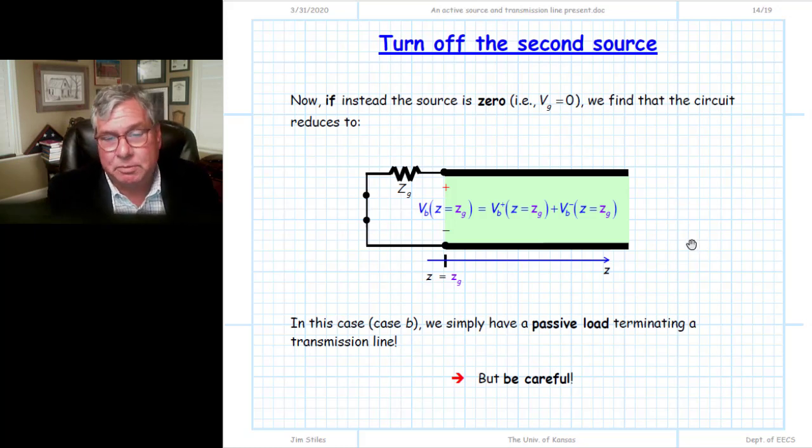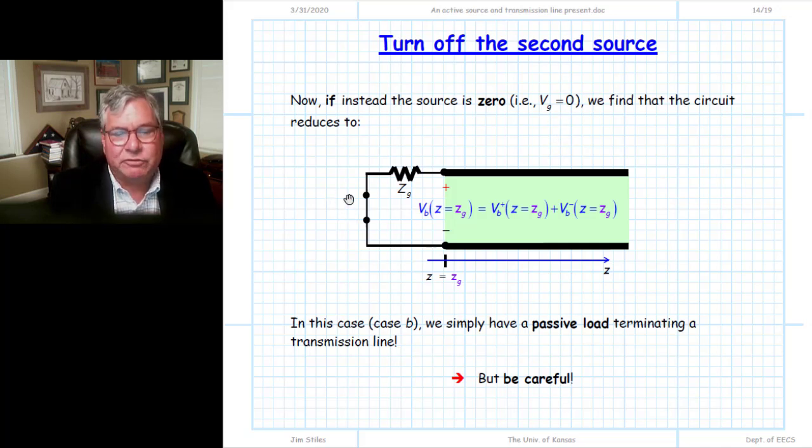To complete our superposition, we are going to turn back on the minus wave. We're not going to assume the minus wave any longer is 0. We're going to assume it is some non-zero value that is propagating toward the source in the direction of minus z. But we are going to turn off the open circuit voltage source VG, and by turning it off, setting it equal to 0, again we have this circuit equation VG is equal to 0 for a voltage source.